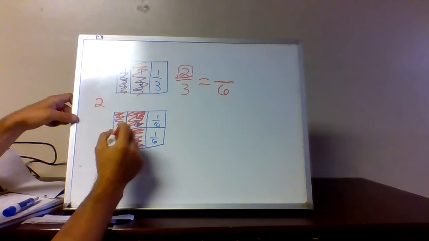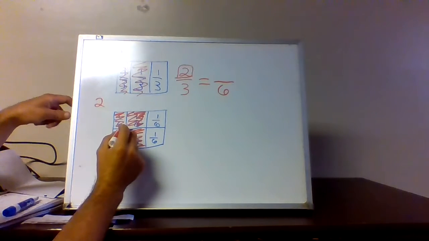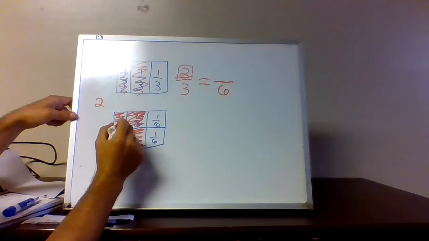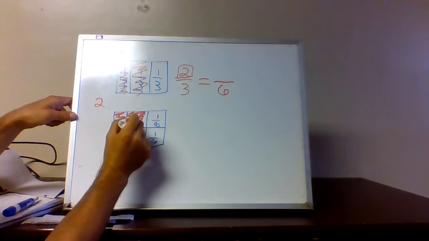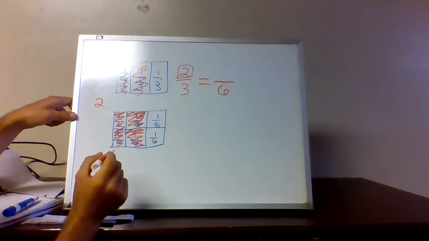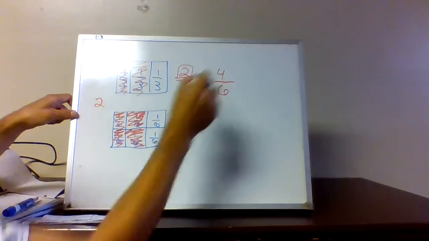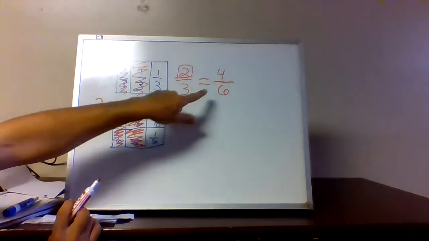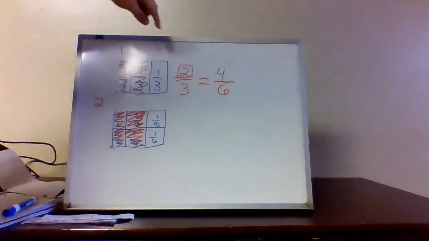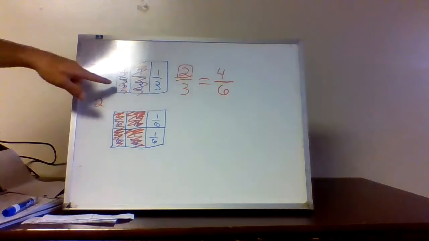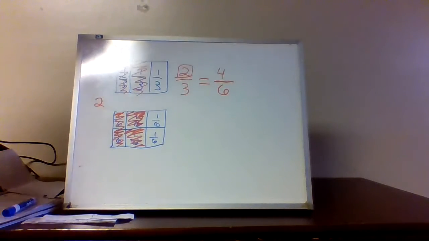So how many sixths or how many units did that take for our bottom figure? We shaded in 1, 2, 3, 4 total units. So the answer to our question is that it would take 4 sixths to equal 2 thirds, as seen in our example.